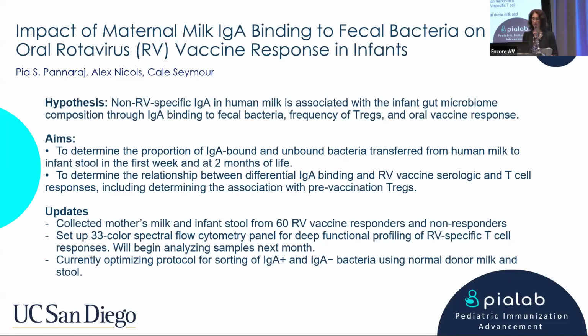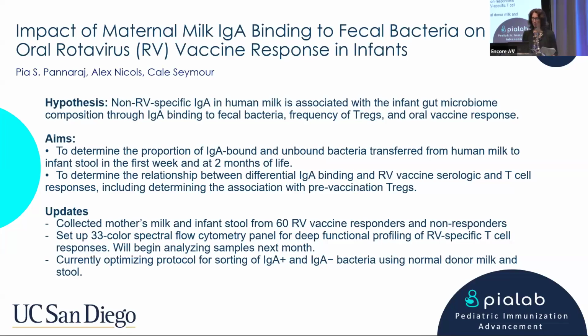The hypothesis here was that the non-rotavirus specific IgA in human milk is associated with the infant gut microbiome composition through IgA binding to fecal bacteria. She's also looking at the immunological responses and frequency of Tregs, as well as the oral vaccine response.